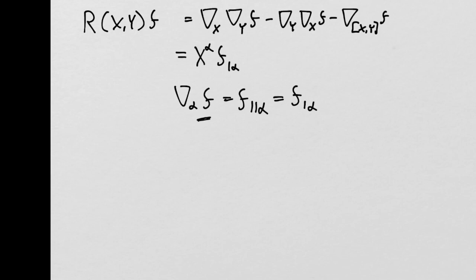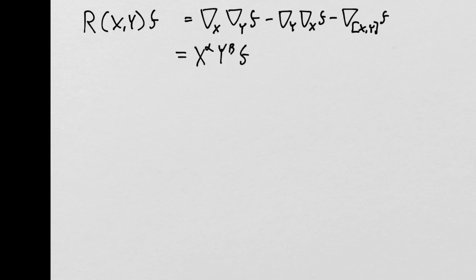If it was a covariant derivative of a vector, it would be different. You wouldn't be able to make this statement. But that is the definition of a covariant derivative of a function. It's just the regular partial derivative. So let me erase this and get back to it. Basically it's f, alpha, X^alpha, Y^beta, and then the two derivatives are going to act in the opposite order. It's going to be beta alpha.